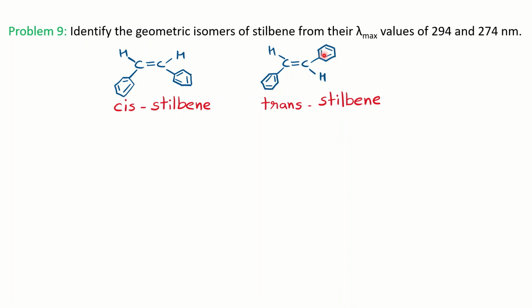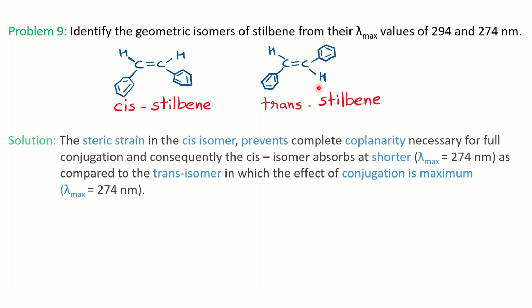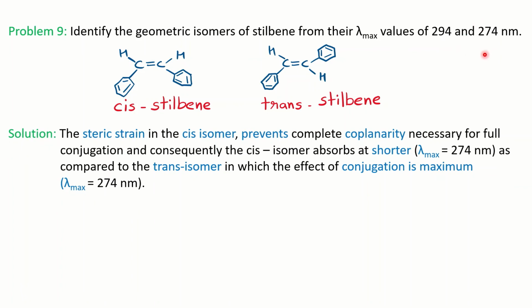Therefore, the lambda max value will be high for trans as compared to cis. The same steric strain is present in the cis isomer, which prevents complete coplanarity, so the conjugation will be less compared to the trans isomer. Therefore, cis absorbs at a shorter lambda max value as compared to trans.